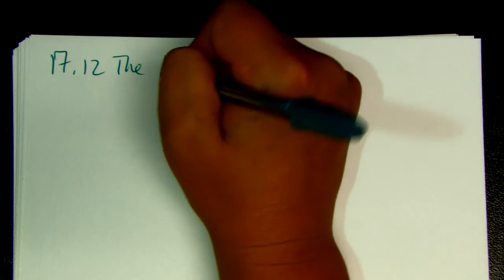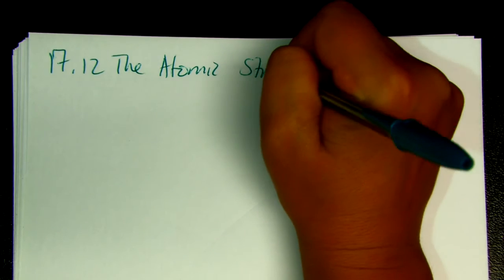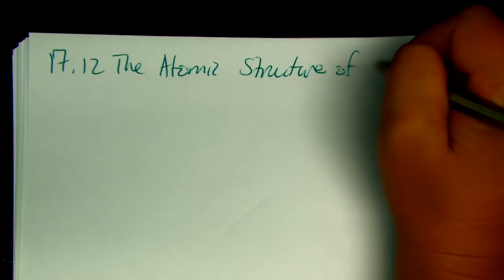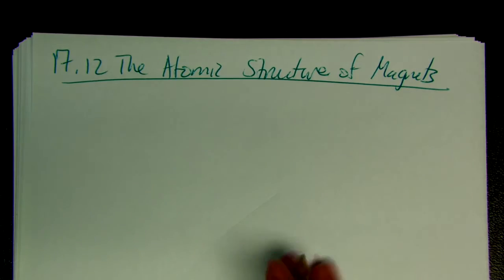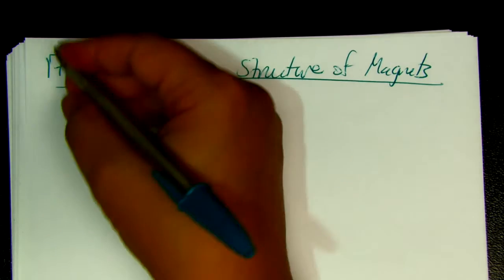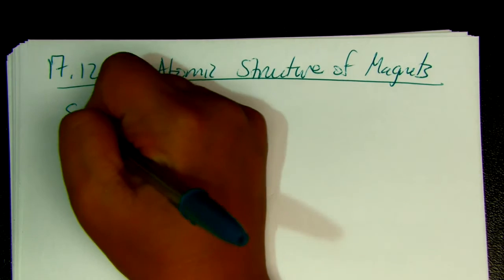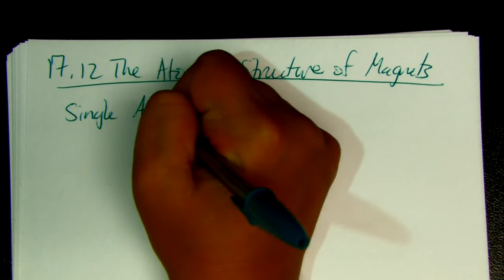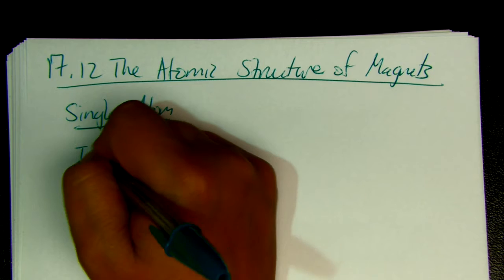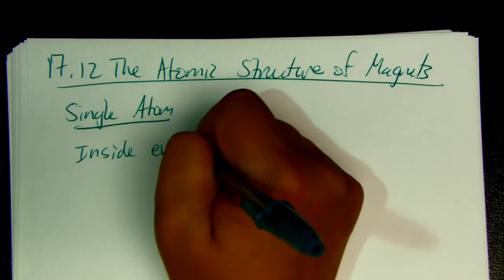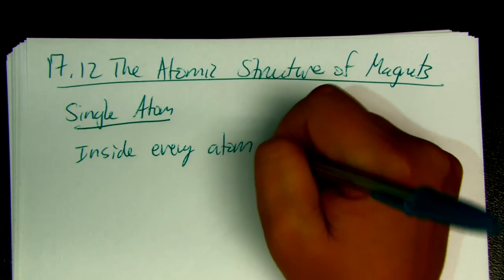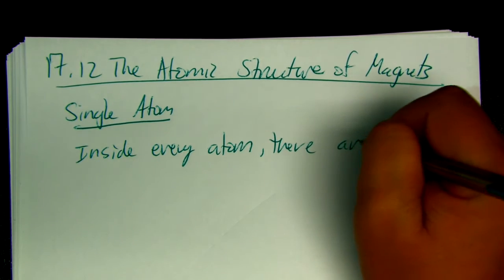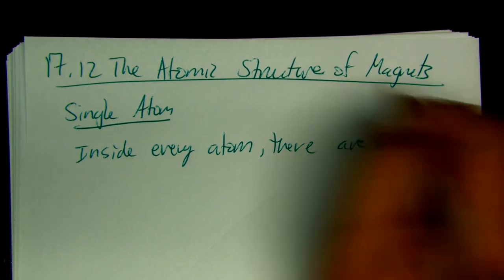All right, so moving on to the atomic structure of magnets. Okay, so we need to think about a single atom. Inside every atom, there are moving charged particles.